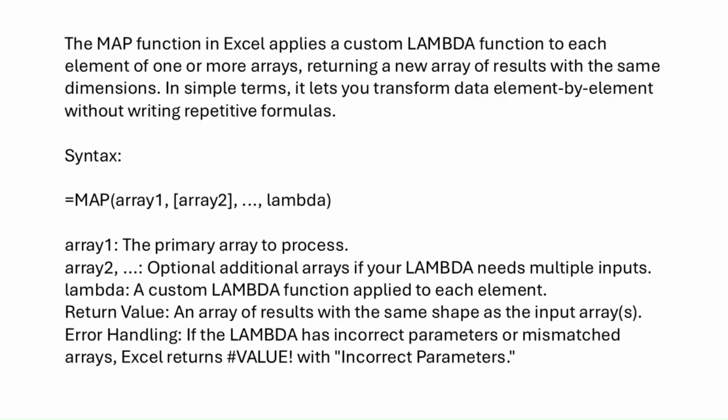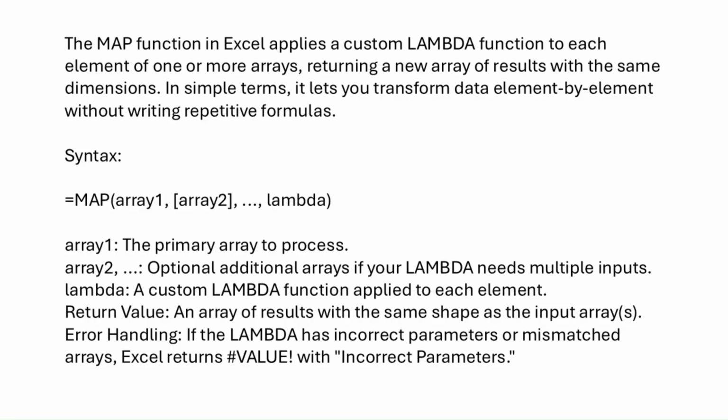Map function. The map function in Excel applies a custom lambda function to each element of one or more arrays, returning a new array of results with the same dimensions. In simple terms, it lets you transform data element by element without writing repetitive formulas. Syntax: equals MAP(array1, array2, lambda). Array1 is the primary array to process.